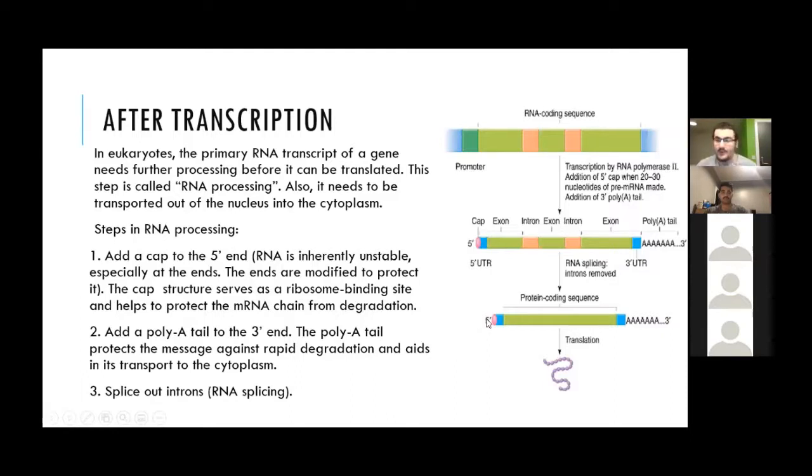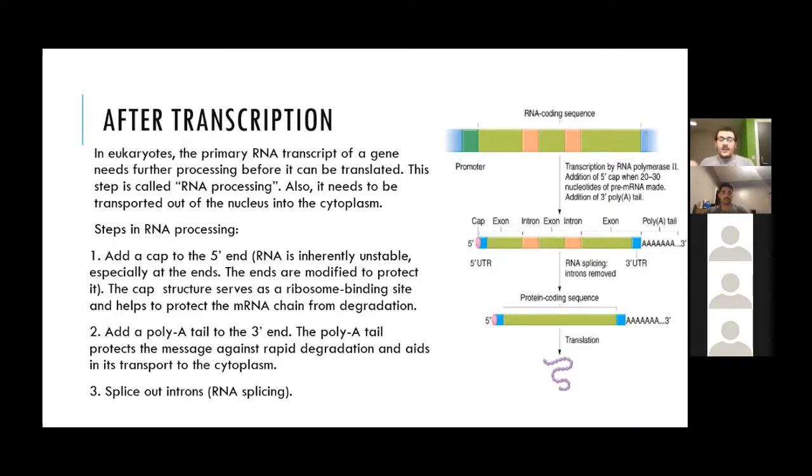Now, what does this do? The 5' cap helps the ribosomes attach to the mRNA. It's like a ribosome binding site, and it also protects the mRNA from degradation, from being digested like by a lysosome or something like that.